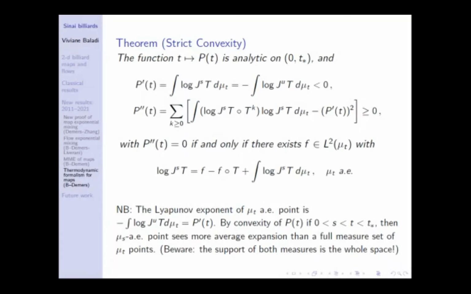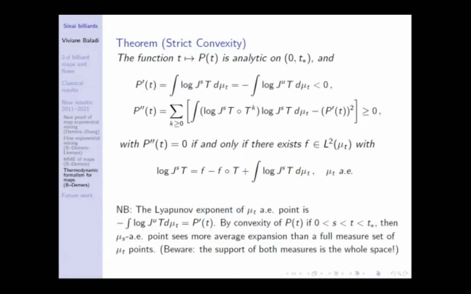By the first equality in the theorem, this is p prime of t. By strict convexity of the pressure, if you have two parameters, S strictly smaller than T, then mu S almost every point sees more average expansion than a full measure set of mu T points.